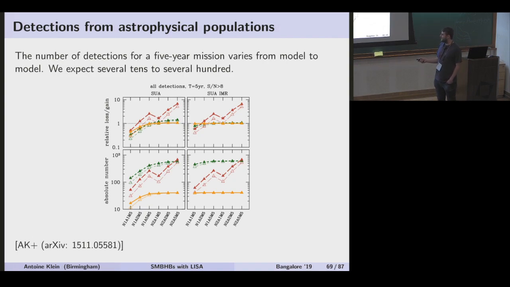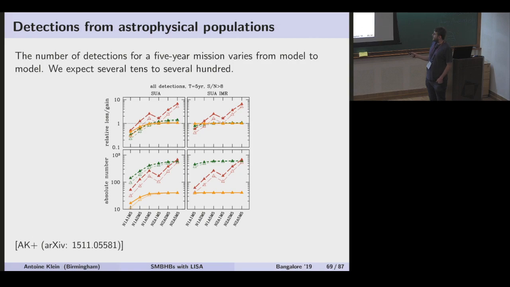When we made this study, we were comparing different configurations for LISA, say different arm length and different acceleration noise levels. So for LISA, only this line here is relevant.